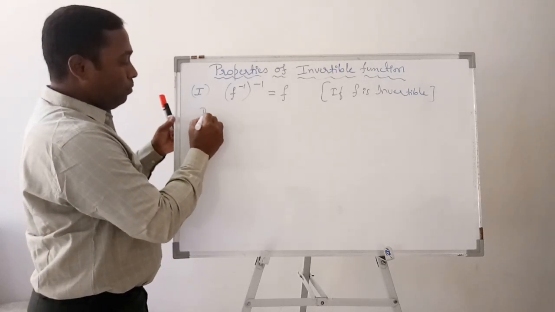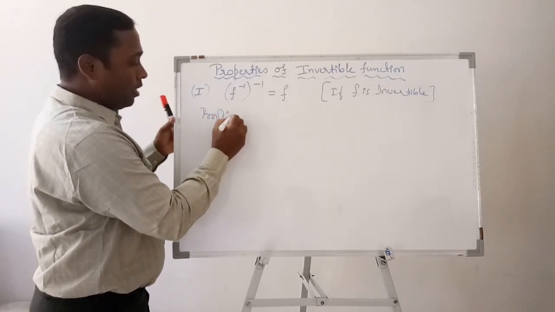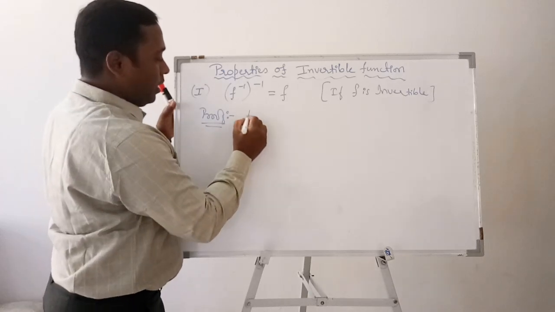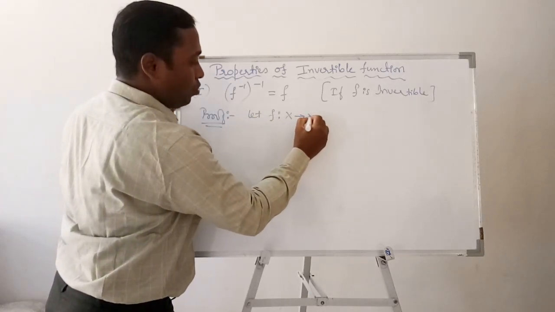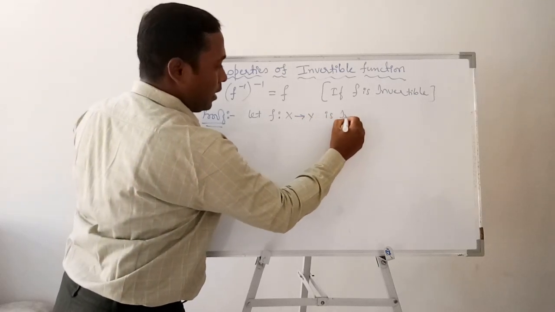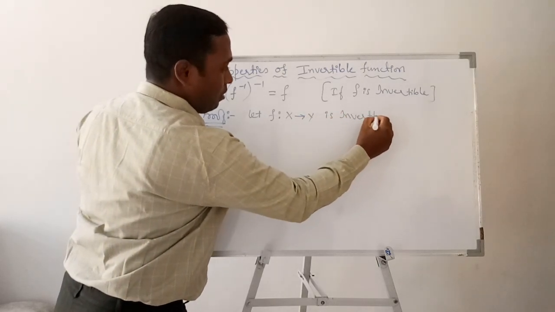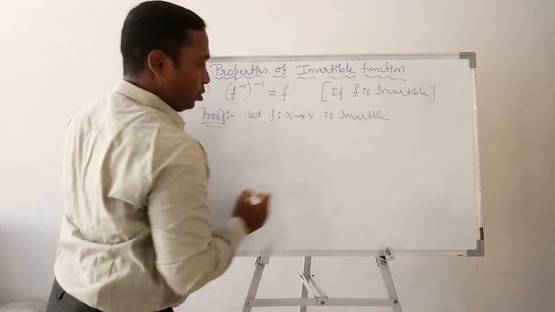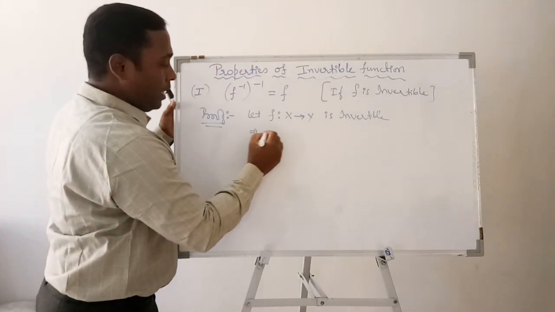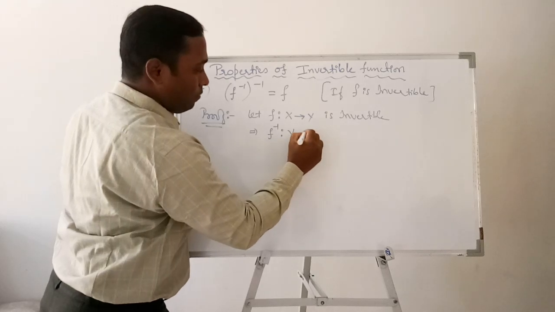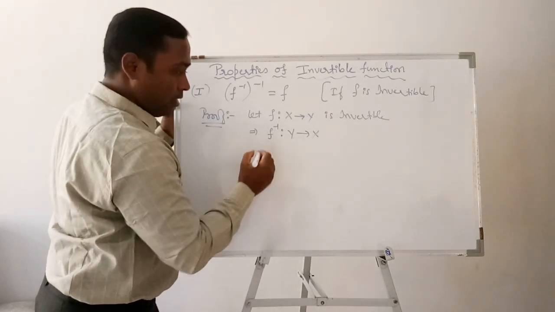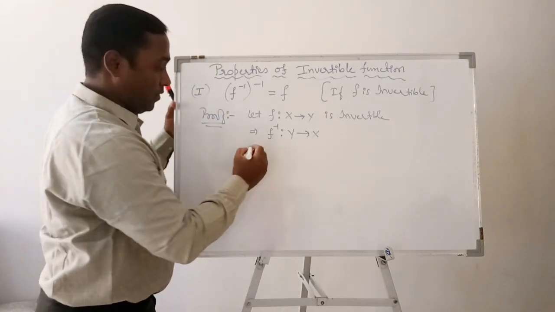Now we are going to prove this statement theoretically. See how. Let f from X to Y be invertible. It means it is a bijective function. So it implies that its inverse is defined from set Y to X, as the definition says.